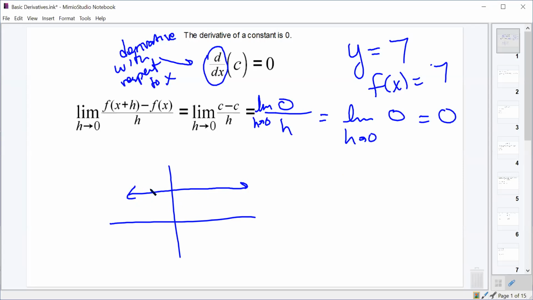Well, any line that we try to draw tangent to this is going to be horizontal, right? And what's the slope of a horizontal line? 0. And so the derivative of this horizontal line has to be 0 because the slope of that line is 0. So it all sort of interconnects there. Does that make sense?